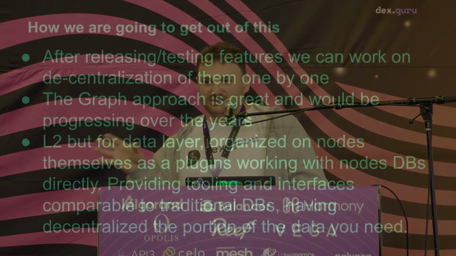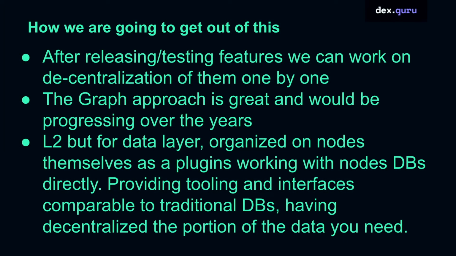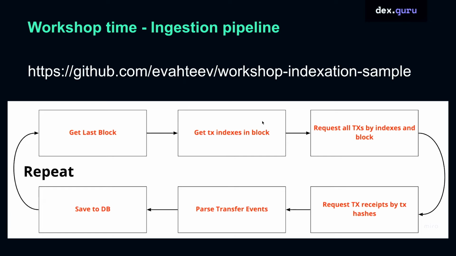So let's say it would be layer 2 for DeFi data or something like that. You would have actual swaps, burns, mints from every DEX possible already there, ready for querying in different kinds of ways and so on and so forth.